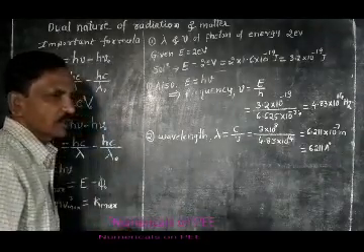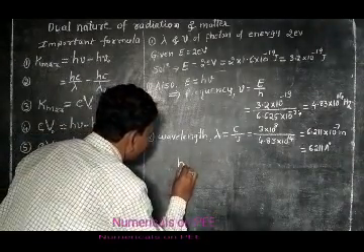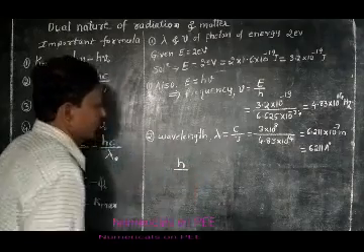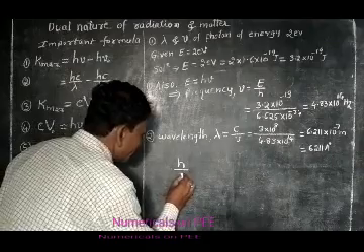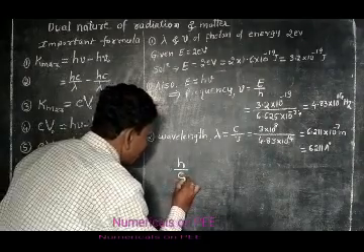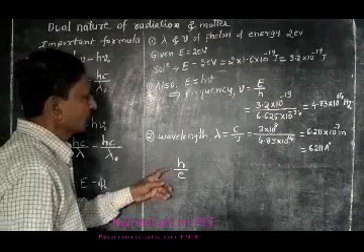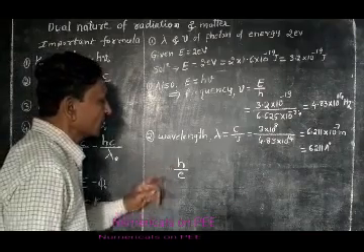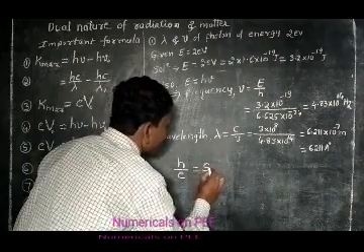That is, if we plot a graph of cutoff potential versus frequency of incident radiation, then we get the ratio h upon e, that is equal to slope.